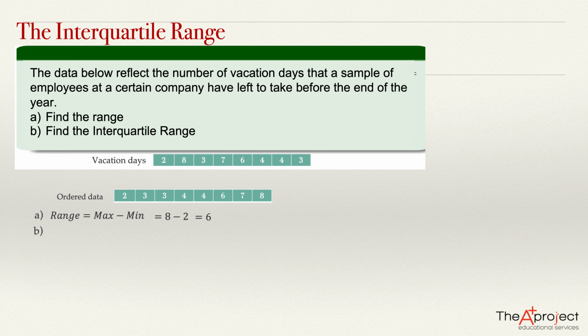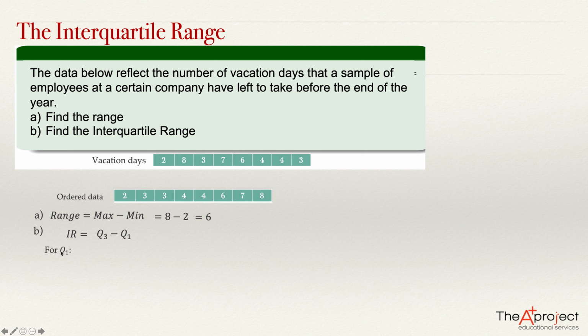The interquartile range, IR, equals Q3 minus Q1. So it means that I need to compute the third quartile and the first quartile. So let's compute the index of the quartile 1 first, and then the index of the quartile 3.